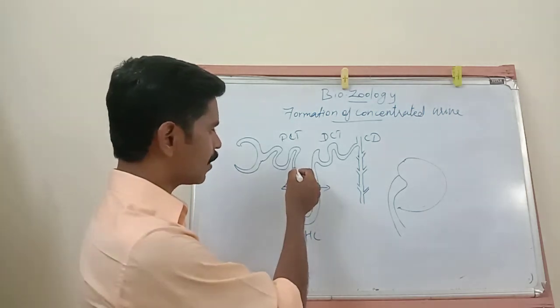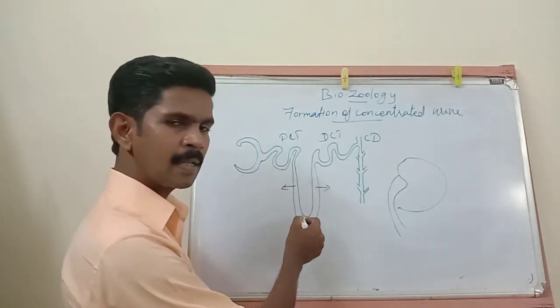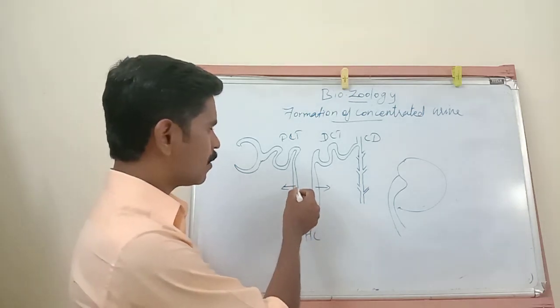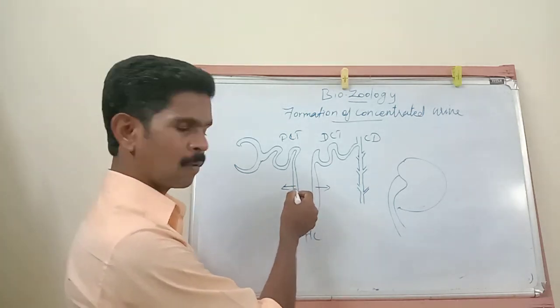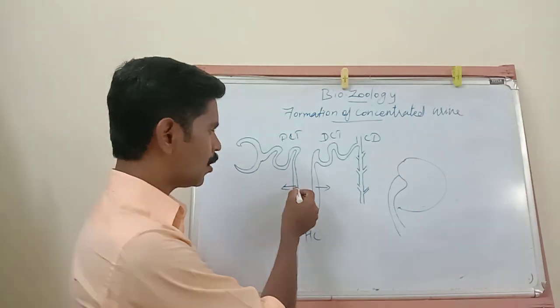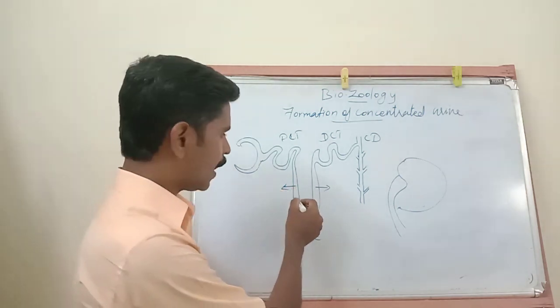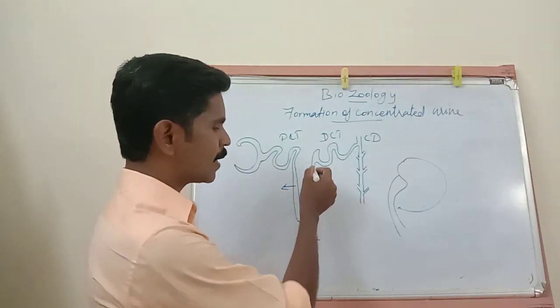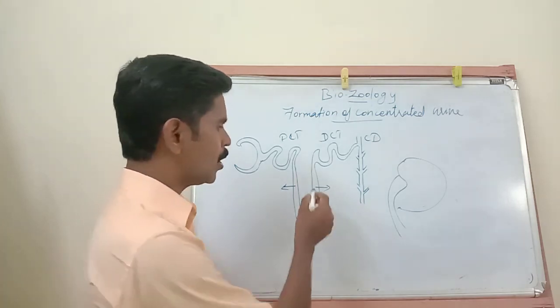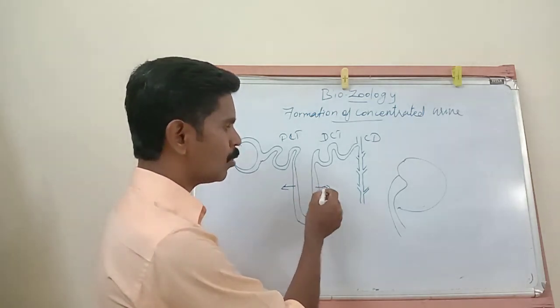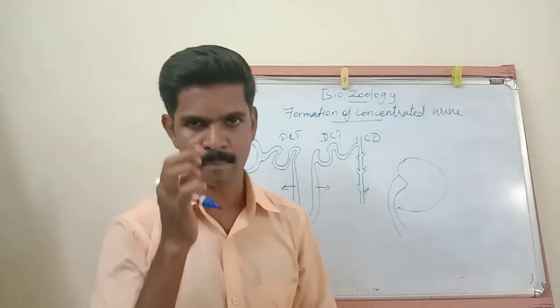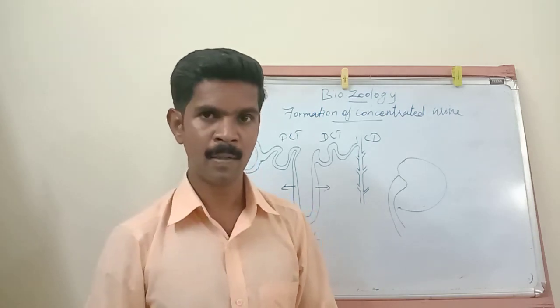When the fluid moves through the descending limb, the water molecules in the glomerular filtrate move from the lumen to the interstitial tissue space. As the fluid enters the ascending limb, the solute moves from the lumen to the interstitial tissue space.